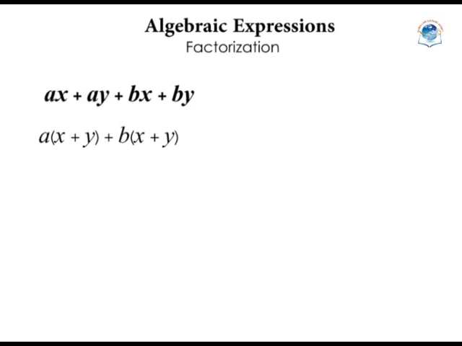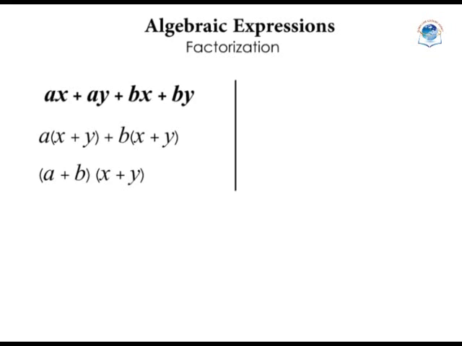So we have a into x plus y plus b into x plus y. The terms in the brackets are the same, x plus y. So we pick one of them. Then we put the factors outside the brackets together, a plus b. And that expression factorizes into a plus b times x plus y.